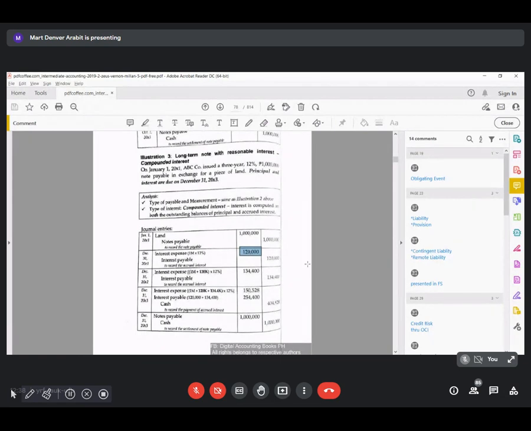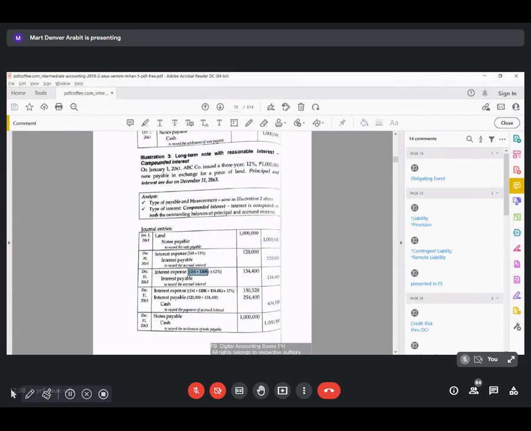So andito siya. So interest expense as of December 31, 2022 is a simple computation lang. Same with simple interest, 120,000. So yung difference niya is mag-start lang on second year wherein the computation of interest includes yung previous interest na accrued from previous year.